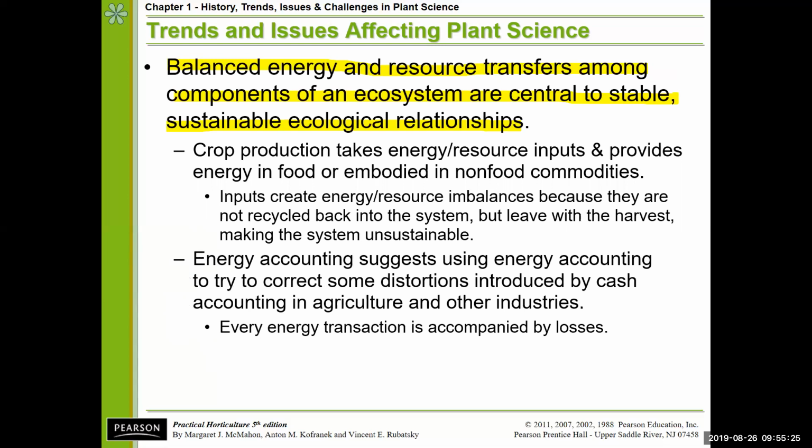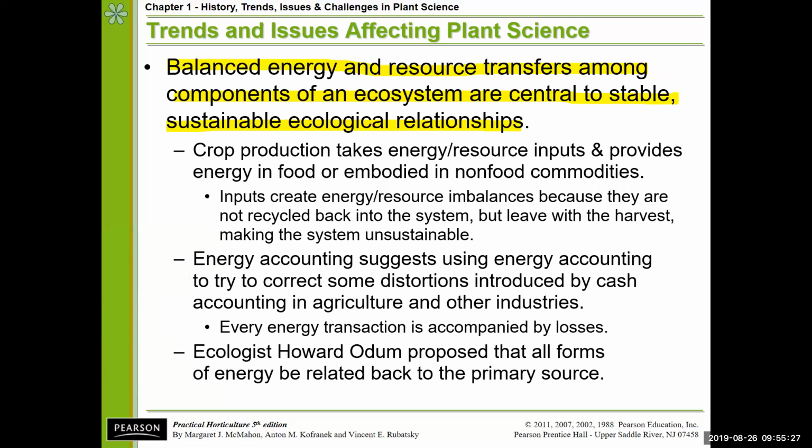We also need to look at the balance of energy and resources. For something to be sustainable, we need to balance the inputs and outputs. This is something we should always think about whenever we're producing a crop, whether it's an animal crop or a plant crop.